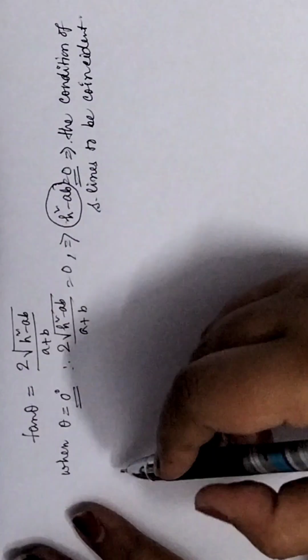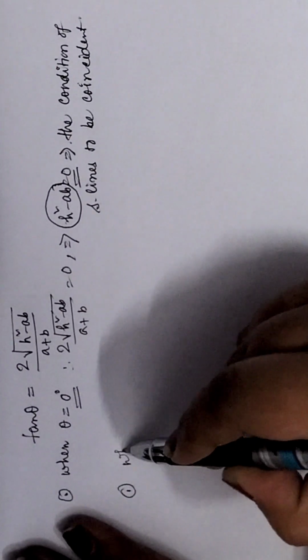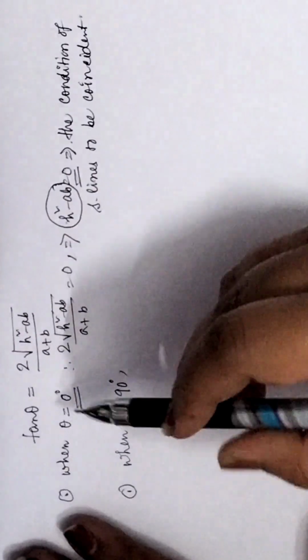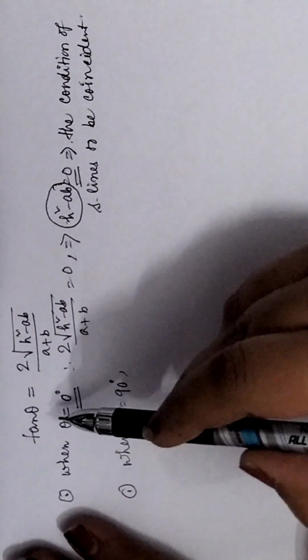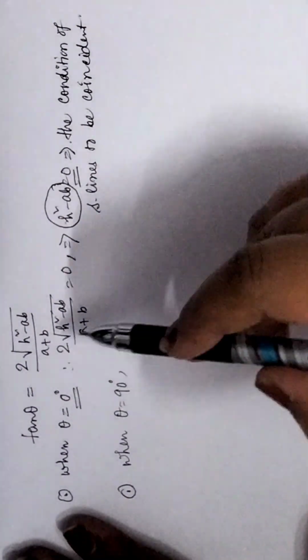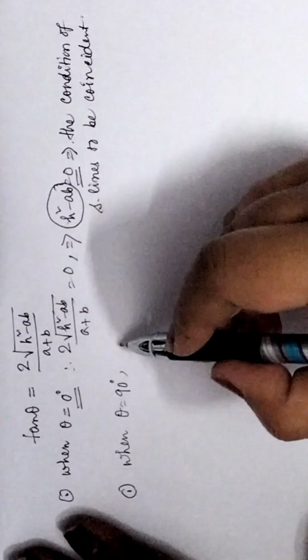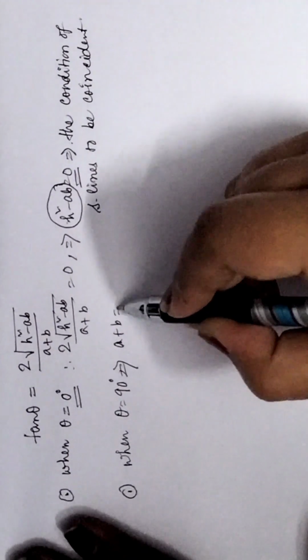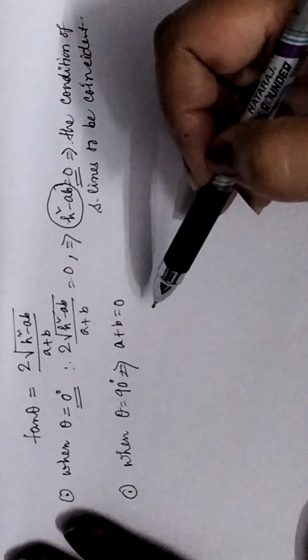Okay. Now this is case 1, suppose, when theta is 90 degree, then what will happen? Tan 90 degree means what? Undefined, right? So tan 90 degree is not defined. So we can write a plus b equals to 0 in that case, because if this one is undefined, then its inverse is 0 as per rule.